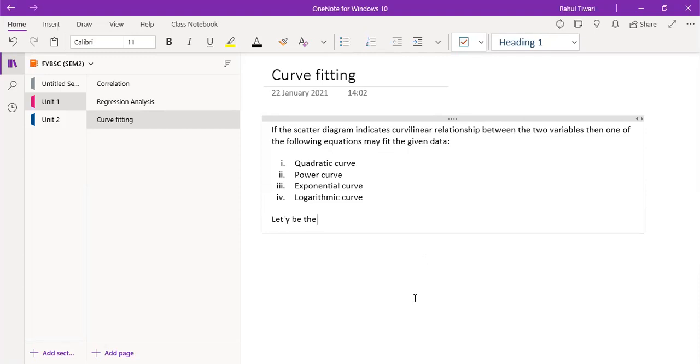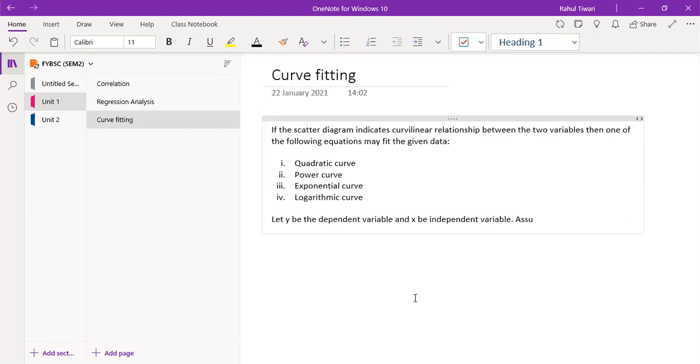Assuming that the concept is simple, let y be the dependent variable, and x be the independent variable.